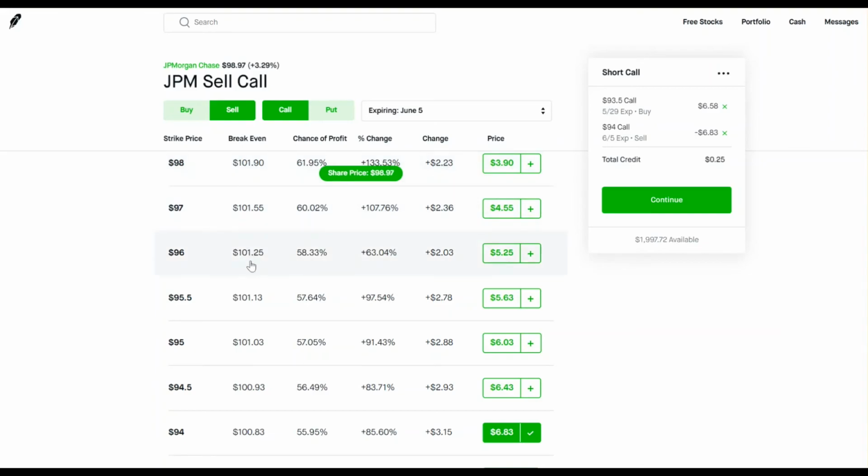So now, assumption, the stock price is sitting at 96. You're selling again an out of the money call, and you're capturing all the gains. The stock would have been sold at 93.5, right, originally. Now you capture all the capital gains.